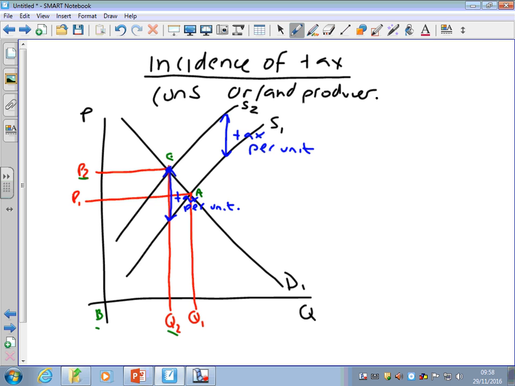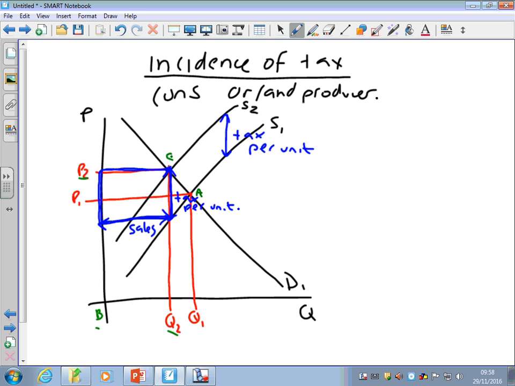And the firm has sold Q2 all the way to 0. So this is sales, if you like. And if you multiply these two sides together, what you get is this area here, which will show me the amount of tax revenue that is generated.